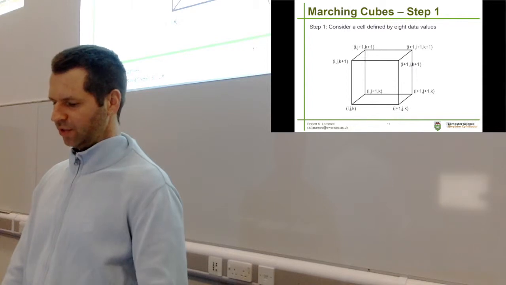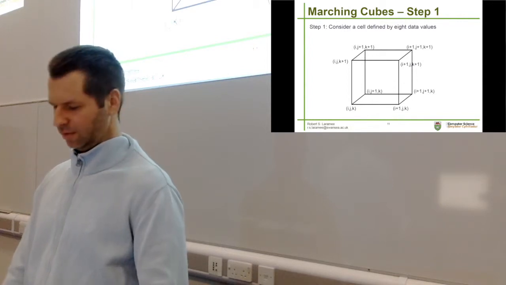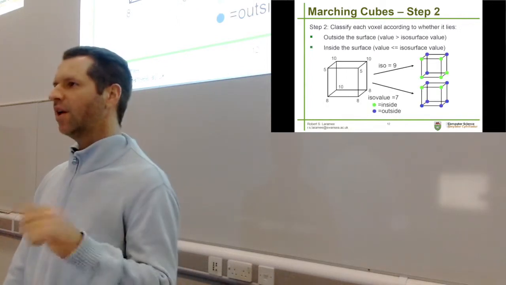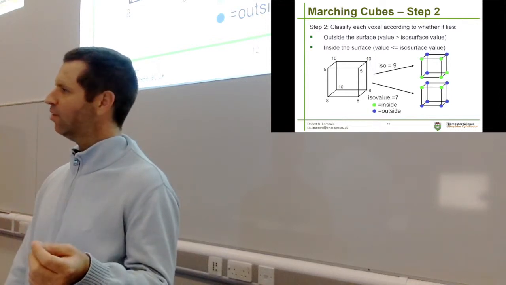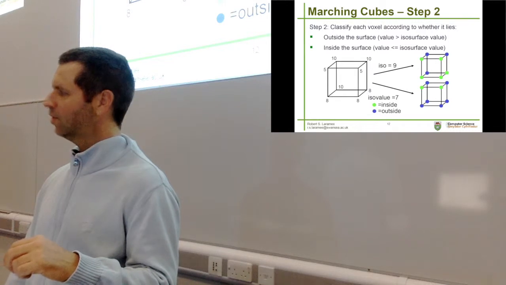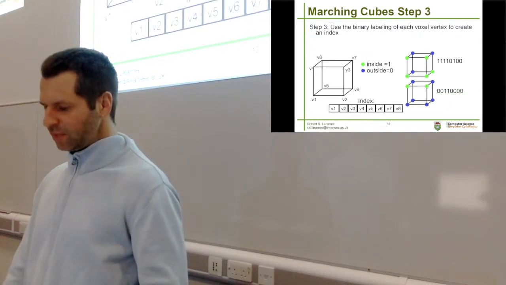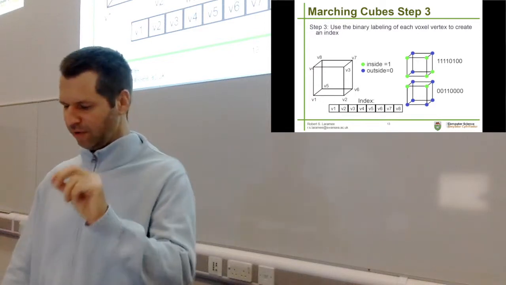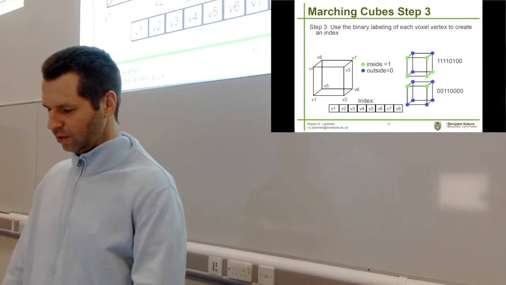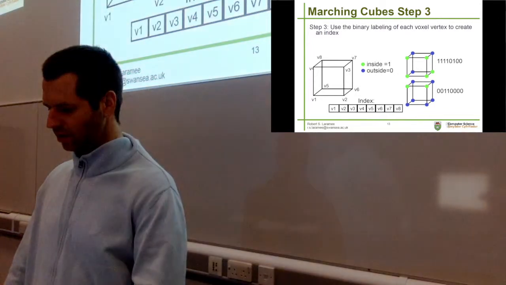So start with a cell, define your cell, classify every data value at the vertices as above the ISO value or below the ISO value. Then for every intersection or every above and below value, create an index. 1's for inside the isosurface and 0's for outside in this case.